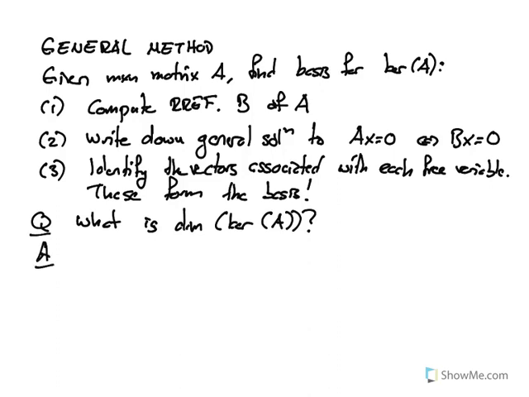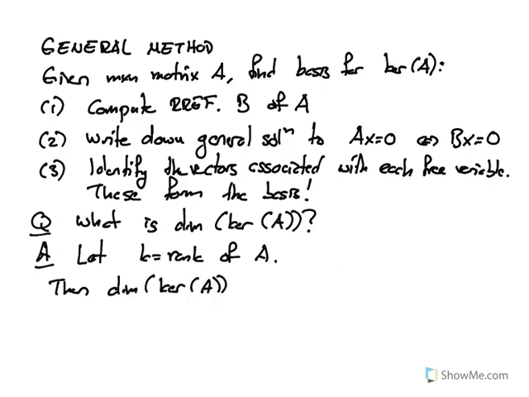And if we let k denote the rank, then, as we saw, the dimension of the kernel of A is the number of free variables, which is equal to n minus k. So this is our answer. That is the dimension of the null space. For each free variable we get one vector in the basis.